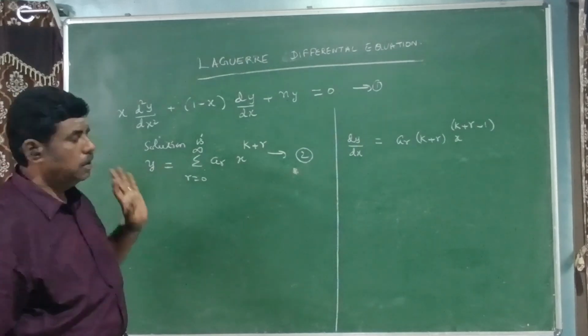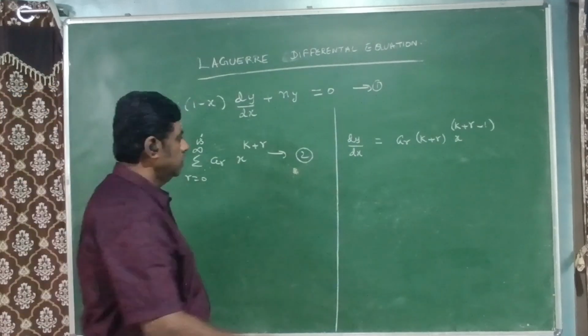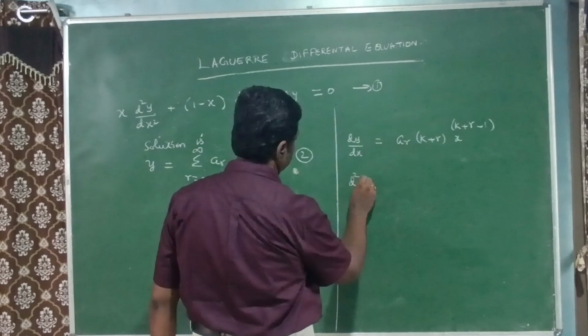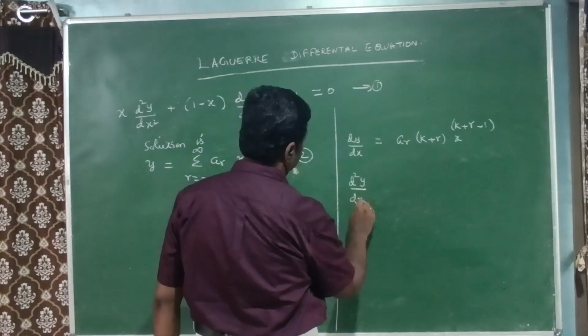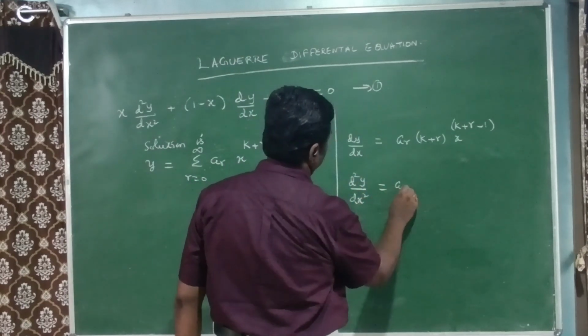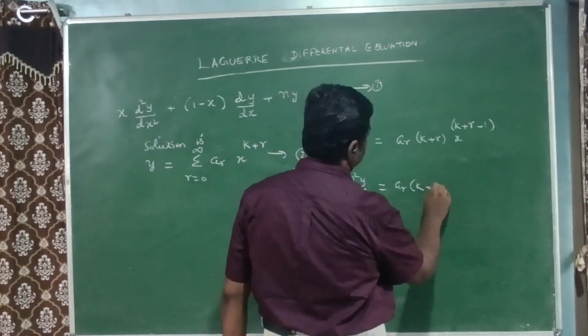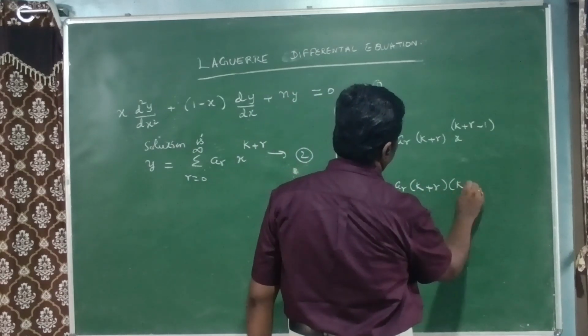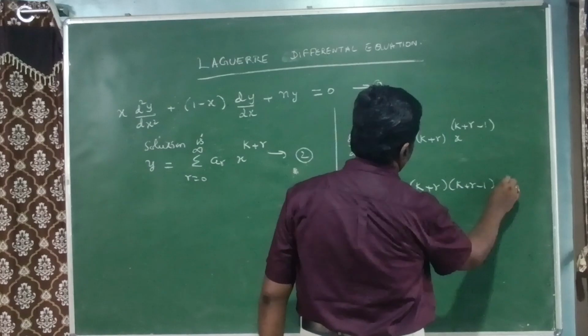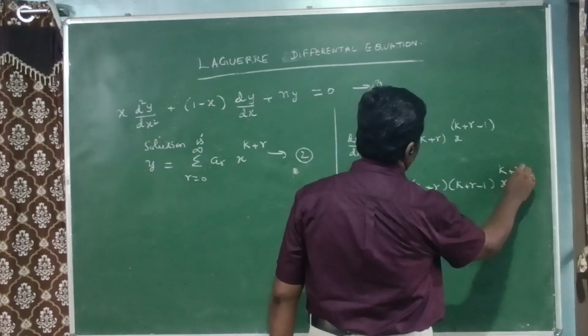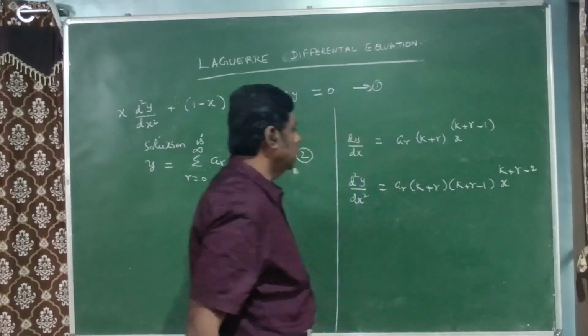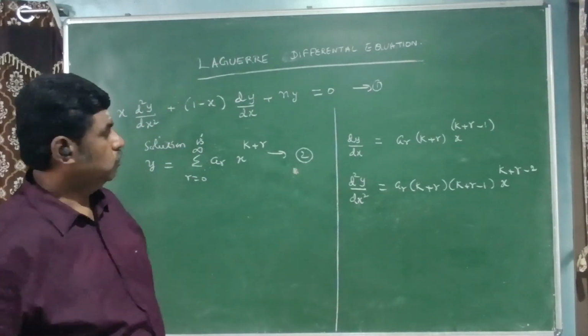This is the value of dy/dx. In the second order differentiation, d²y/dx² is a_r (k+r)(k+r−1) x^(k+r−2). This is the value of d²y/dx².